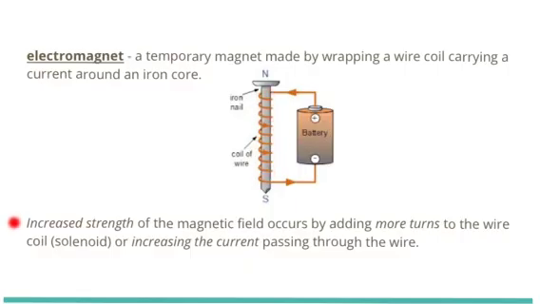The strength of the magnetic field increases by adding more turns to the wire, so it's going to have a stronger magnetic pull. You can also increase the current through the wire, by increasing the voltage a battery produces or changing out the battery for a higher voltage battery. That'll also give you an increased magnetic field strength.